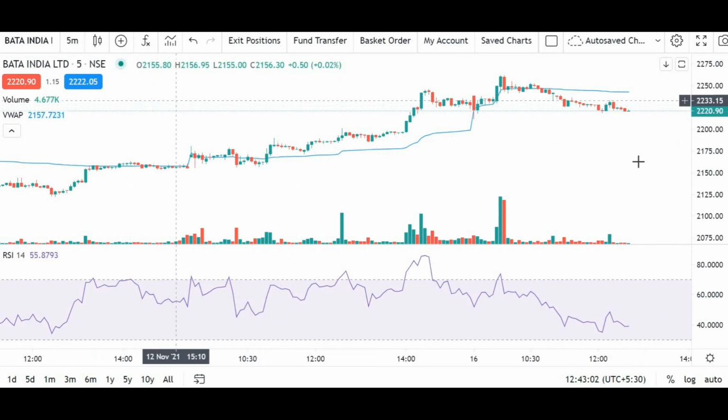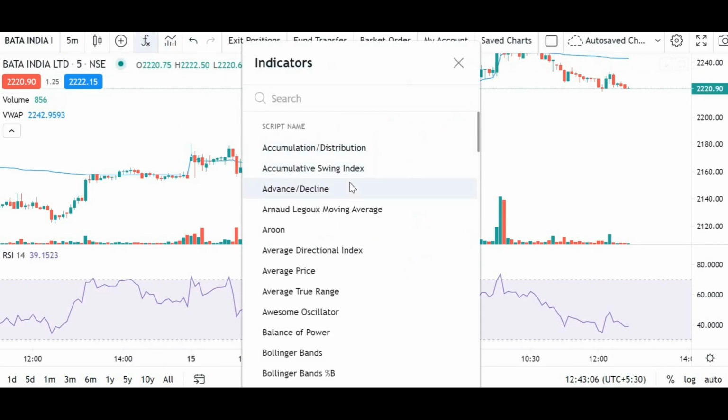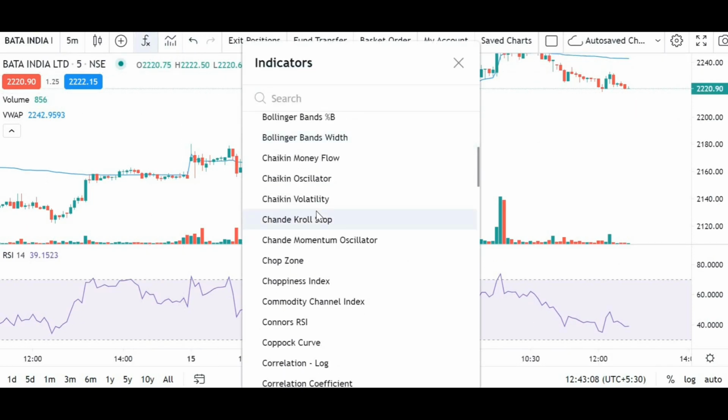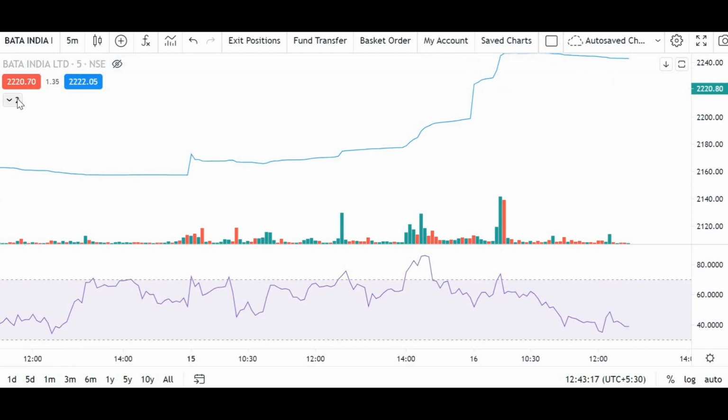Now we'll compare the behaviors. Many indicators have different behaviors. Some indicators give you lagging information. Lagging information means it will show you the information a little late.